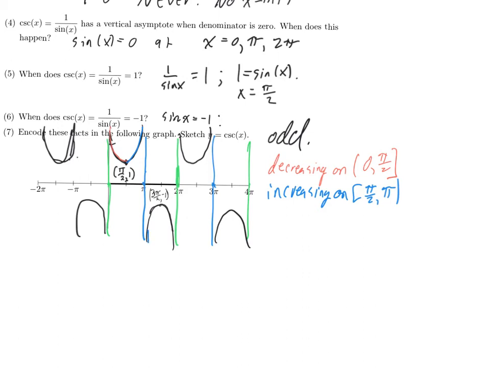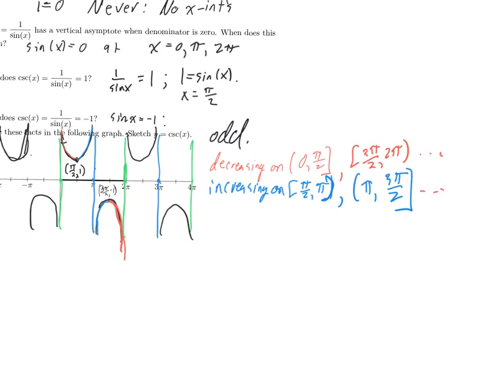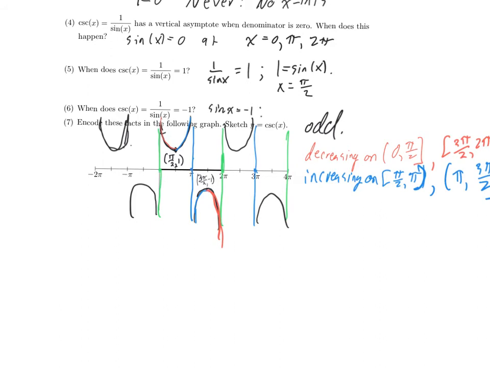From pi to 3 pi over 2, it appears to also be increasing. At 3 pi over 2, it switches to decreasing, until it makes it to that vertical asymptote at x equal to 2 pi. And you could keep on going. So you can figure out intervals of increase and decrease by looking at pictures.